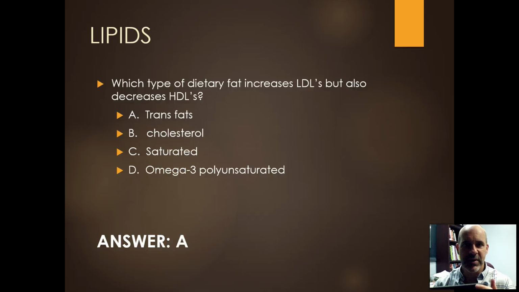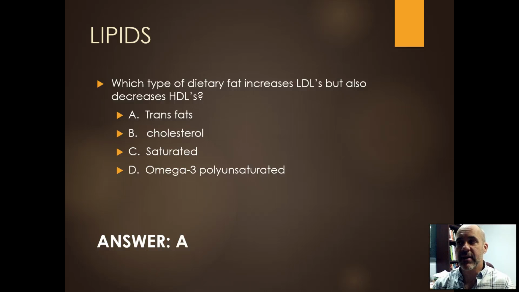Food manufacturers have found other types of fats that probably aren't all that healthy either, but not as bad as the trans fats. You guys might remember several years ago, it was real common for people to buy and use Crisco to fry chicken. Crisco is basically just a bunch of trans fats, and so things like that are not in as widespread use anymore, and they've changed the recipes for a lot of those things so they don't contain as many trans fats.